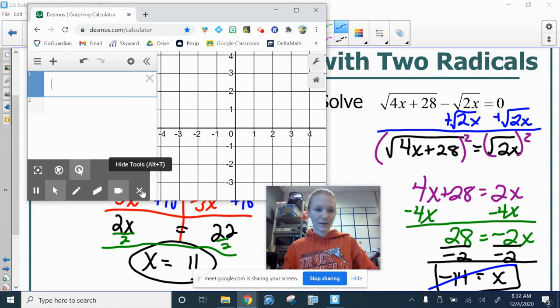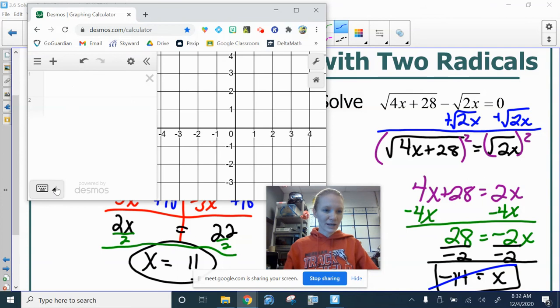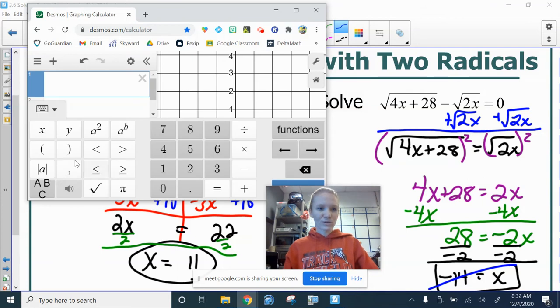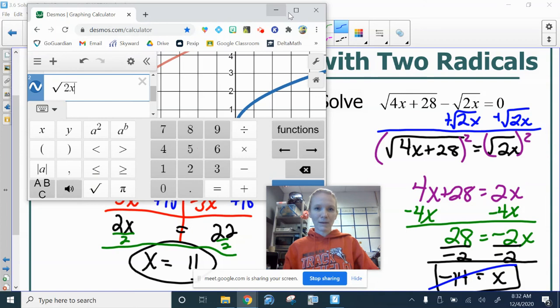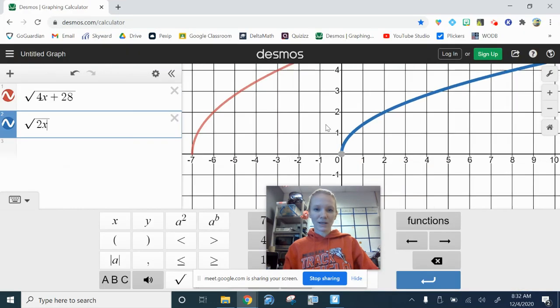Oh, okay, I can just hide the tools. I didn't know I could do that. So I need my square root of 4x plus 28, and then I'm going to have my square root of 2x. And I'm going to make this bigger so we can see it.